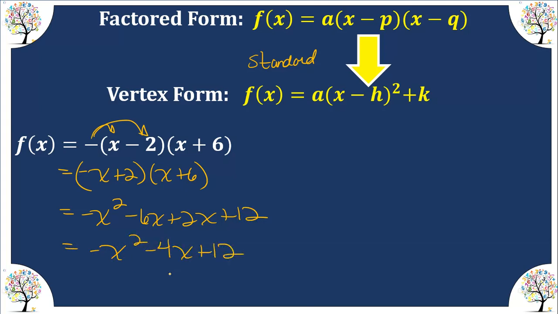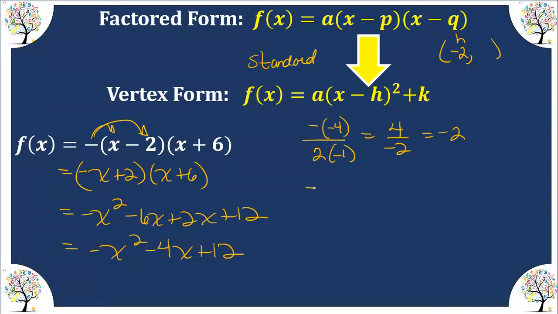Okay, now we have standard form. Now we need to find the vertex to put it in vertex form. So we have negative b over 2 times a. This is going to give us 4 over negative 2, which is negative 2. That's our h value.